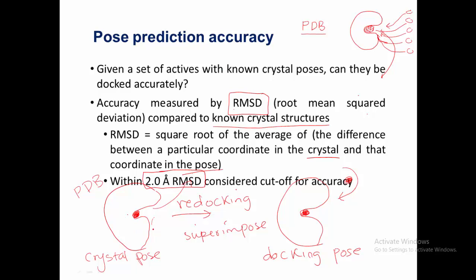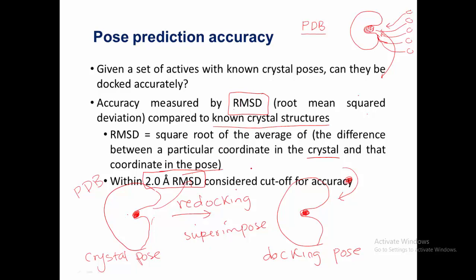Pose prediction accuracy. You just take the ligand from the binding site of the PDB crystal structure and redock it again. Then after that you superimpose the docking pose with the crystal pose, and you measure the root mean square deviation.